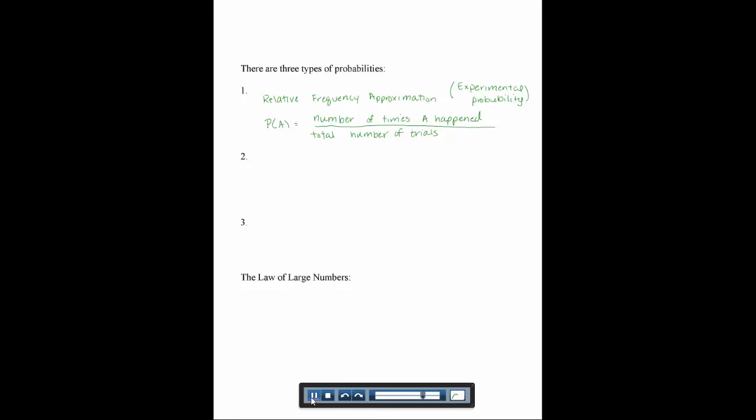The second approach is called the classical approach to probability. And here, every simple event must have the same chance of occurring.